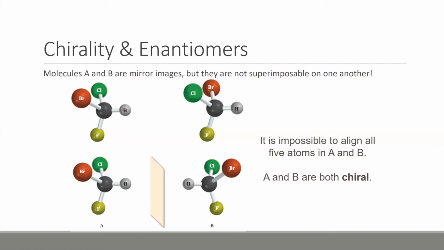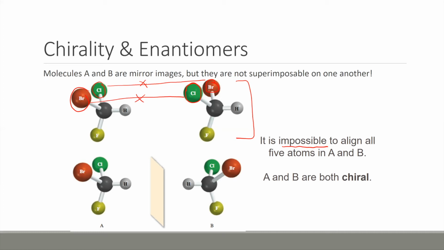It's impossible to align all 5 atoms in A onto B. And actually, if you look at this section right here, we've taken A and B and their mirror images and then rotated B so that it's facing in the same direction as A. And you can see that there's a chlorine here instead of a bromine, and where this chlorine is, this bromine is. So they don't line up.